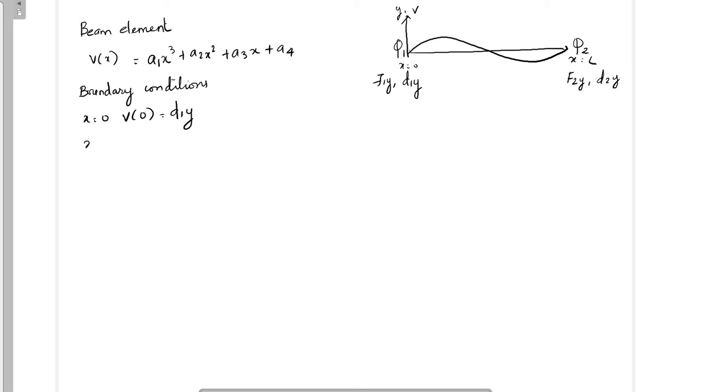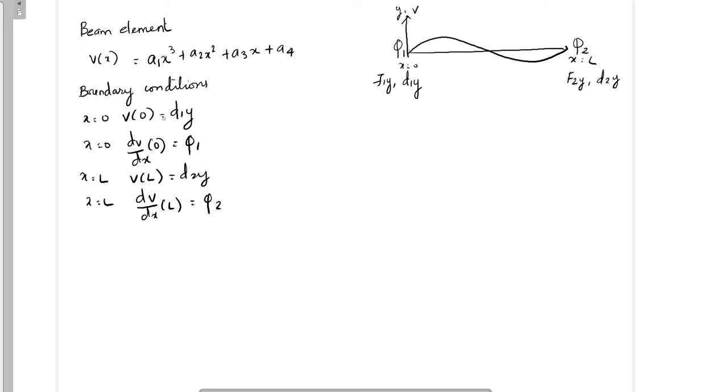At x equal to 0, the slope, that is dv by dx at x equal to 0, is referred to as phi 1. Similarly, at x equal to L, the displacement v of L is referred to as d2y. At x equal to L, the slope dv by dx of L is referred to as phi 2. So use these as the boundary conditions.